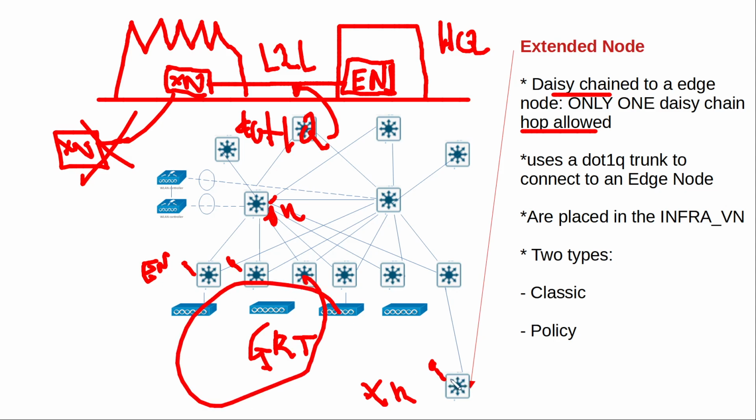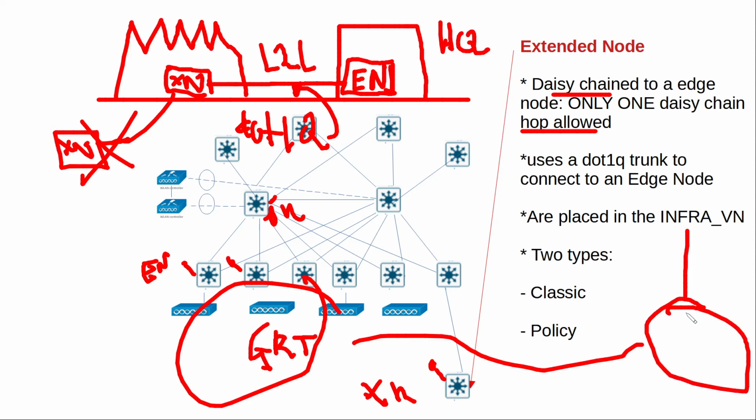But the IP address that corresponds to the extended nodes is placed in another routing domain that is known as the infra virtual network. The other devices whose IP addresses are placed in the infra virtual network are the access points.